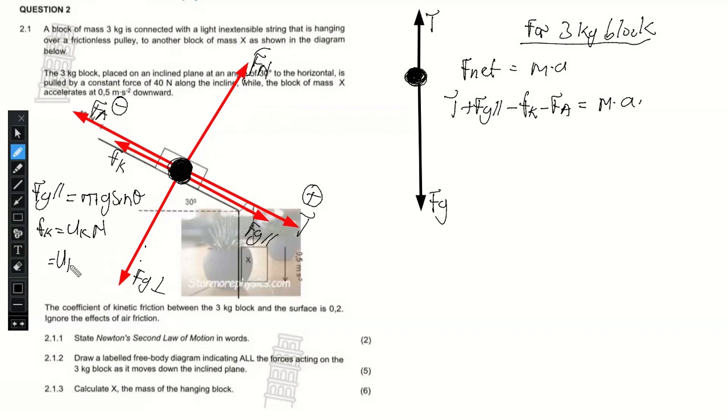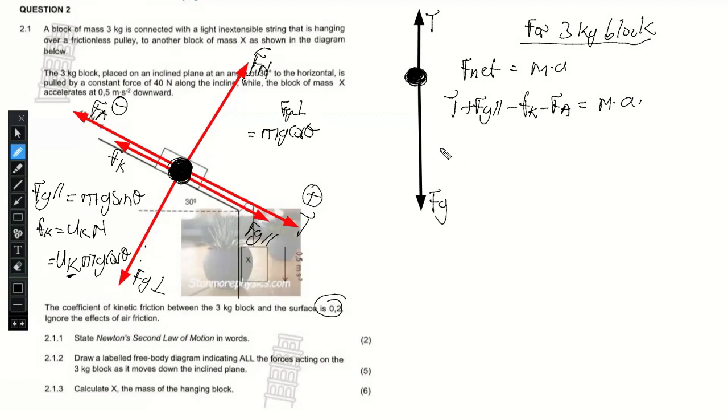So I can say mu k, replacing the normal force by mg cos theta. Why mg cos theta? Because I know that Fg perpendicular is equal to mg cos theta, right? We are breaking down our Fk to this because we only have the coefficient. Remember, what we are given here is not the friction, it is the coefficient of kinetic friction.